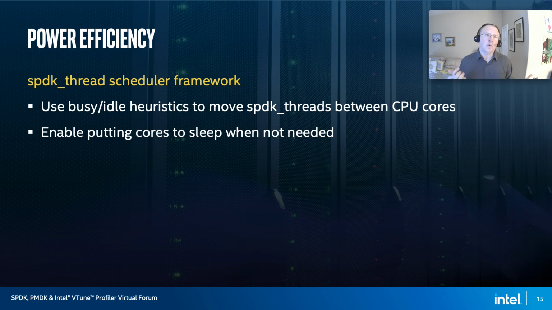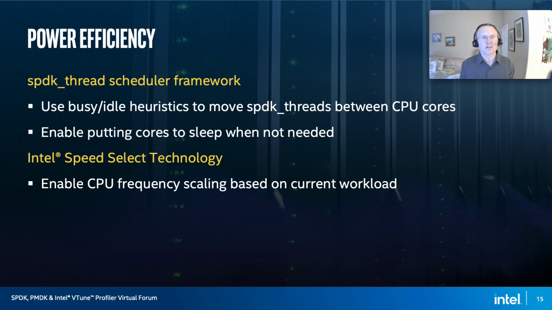And what we want to be able to do is, based on heuristics for how busy or how idle those threads are, we want to move them between CPU cores. And then in some cases, if the system is relatively idle, we can even move SPDK threads completely off of all the cores except for one and put those other cores then to sleep. And so this allows us to drive more power efficiency into these polled mode type applications.